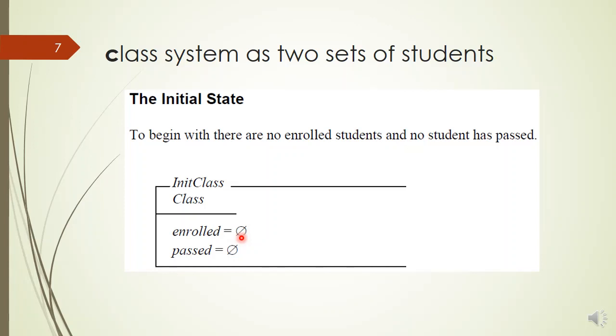So you should not write 0, because enrolled is not an integer variable, but it's a set variable. Therefore, its initial value is the empty set. Similarly, passed is also a set variable. Therefore, its initial value is the empty set.